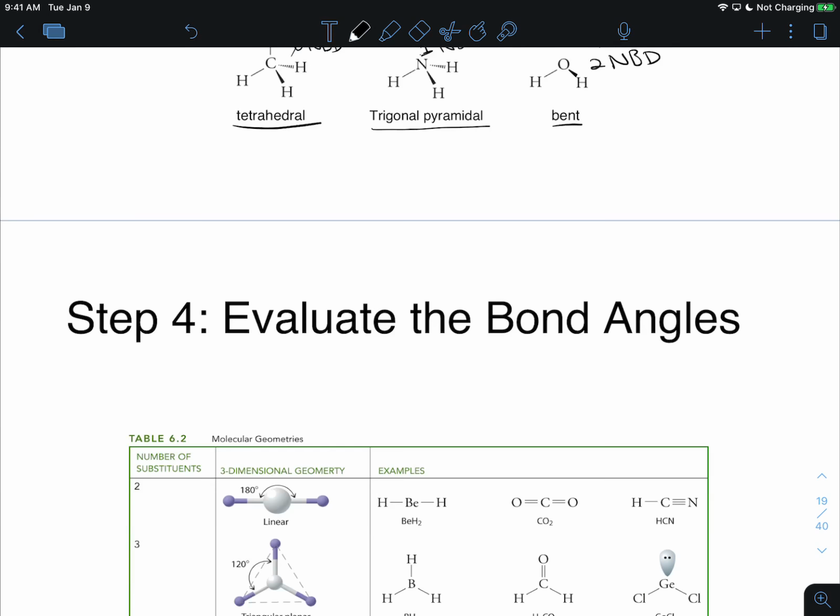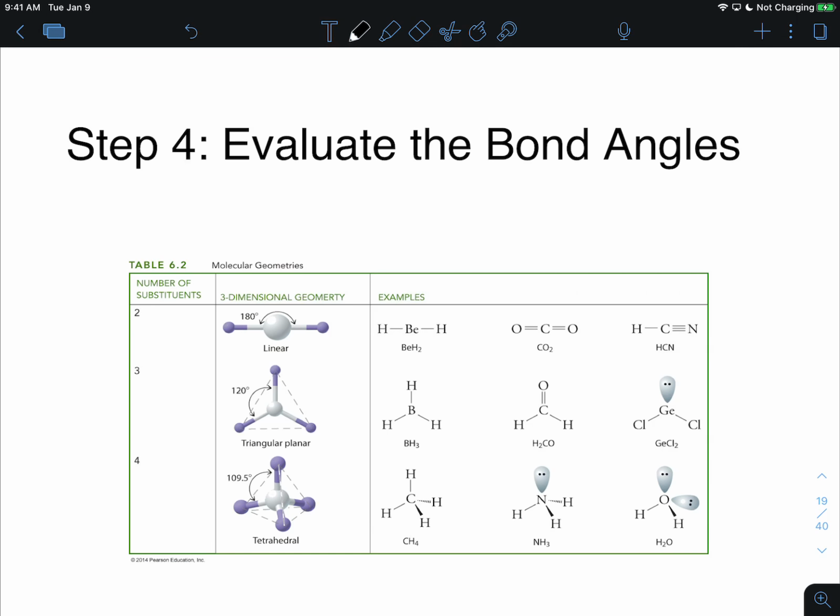Okay, last step is going to be to evaluate the bond angles. When we have our linear geometry, all of our linear structures will have 180-degree bond angles. We go to our trigonal planar. We're going to have 120-degree bond angles, as long as all of our electron domains are going to be bonding domains.